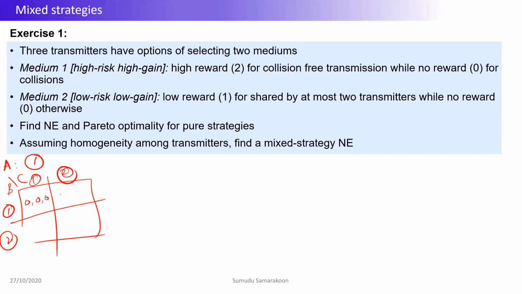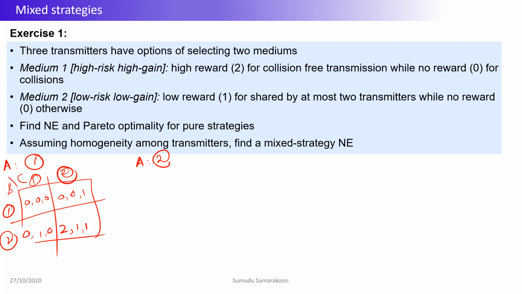Accessing 1, of course, no reward for B, none for A, but C is accessing 2, so he has a reward. Here, no reward for A and C, while B is accessing 2, with a reward of 2, because he is the only one, while the others are accessing medium 2.